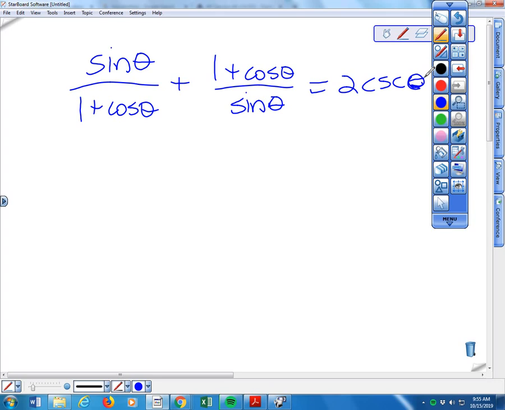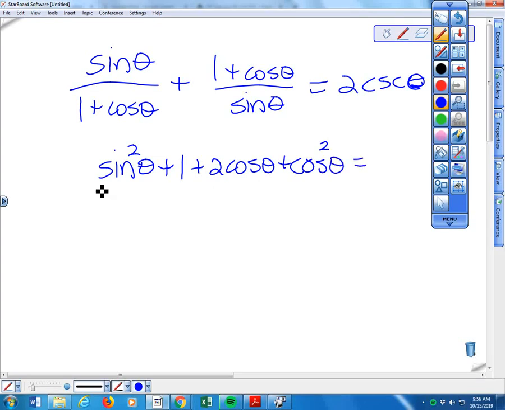It's going to be this times this, right? So I'm going to multiply this, I get sine squared. Multiply these together. Be careful, there's a middle term. 1 plus 2 cosine theta plus cosine squared theta.